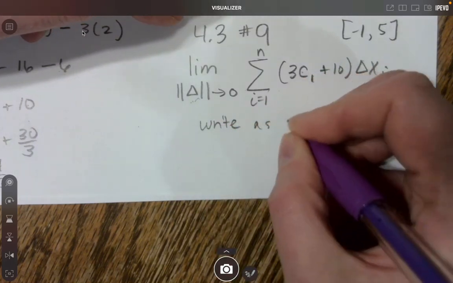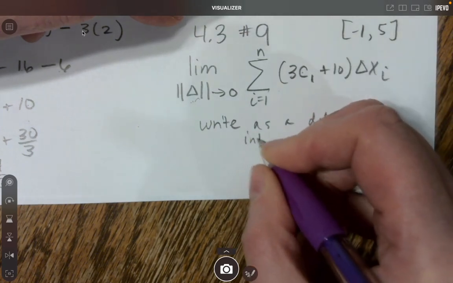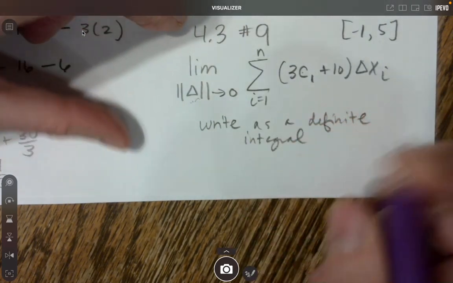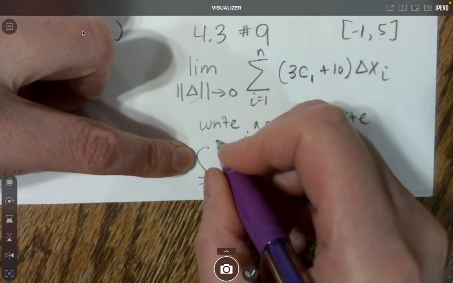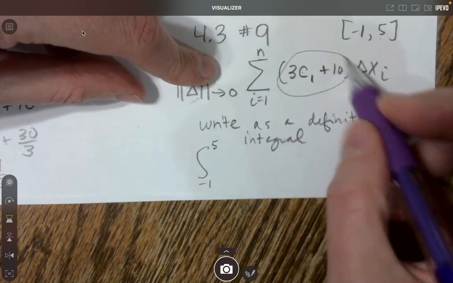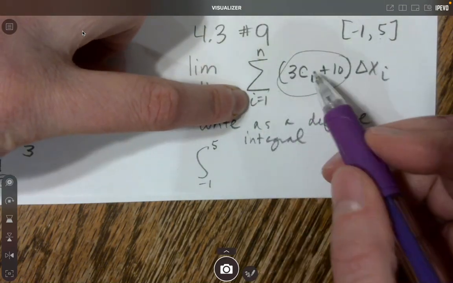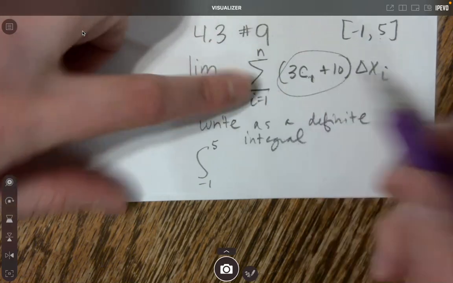So write as a definite integral. What I need to do is this is going to become my bounds, so -1 to 5. And then instead of this part with c sub i, I would have to look at that.